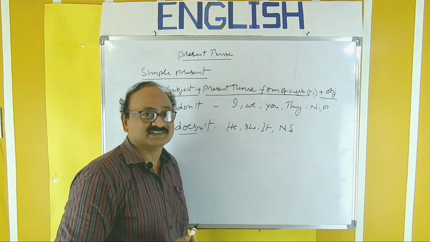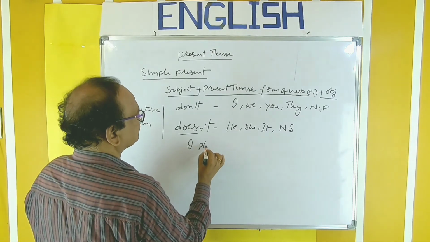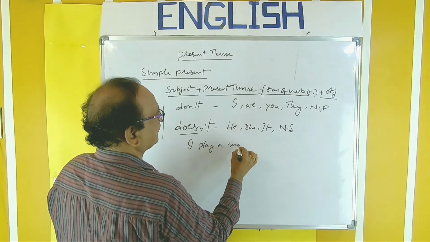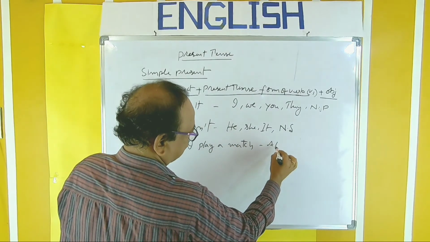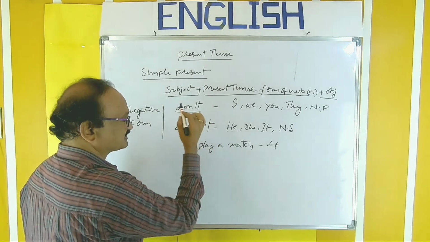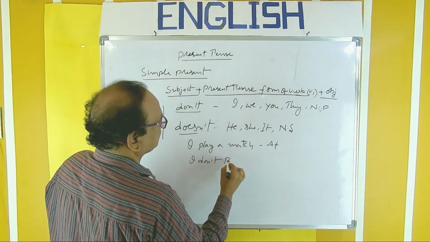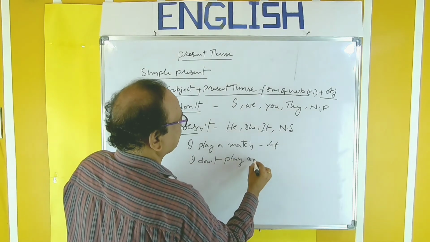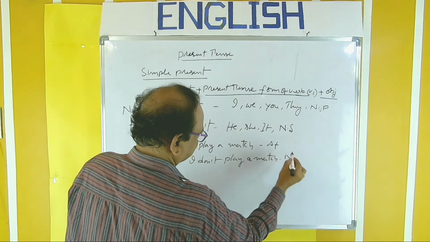So let us take a few examples. I play a match. This is an affirmative sentence. Next, we have to make it negative. We have to use don't. I don't play a match. This is negative.